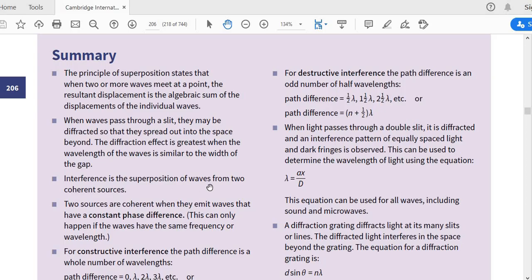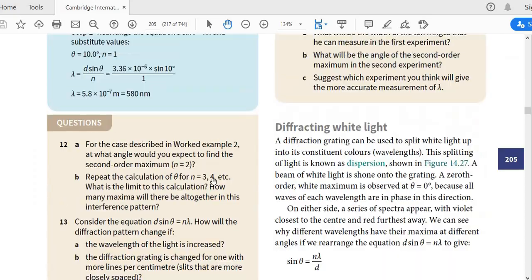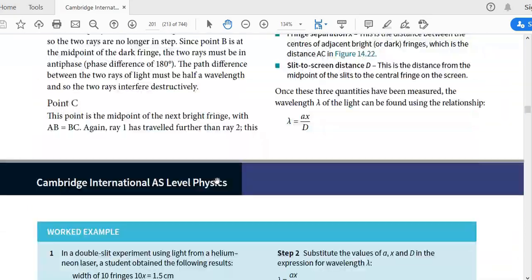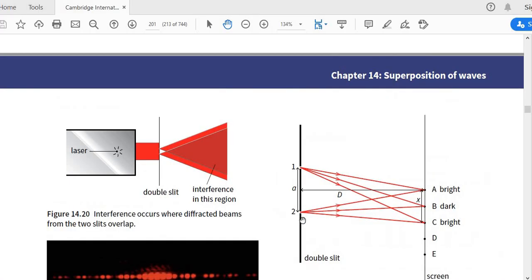Interference is the superposition of waves from two coherent sources. So this is very important, coherent sources. Remember, it comes from two places like this. So this is one coherent source and this is another.